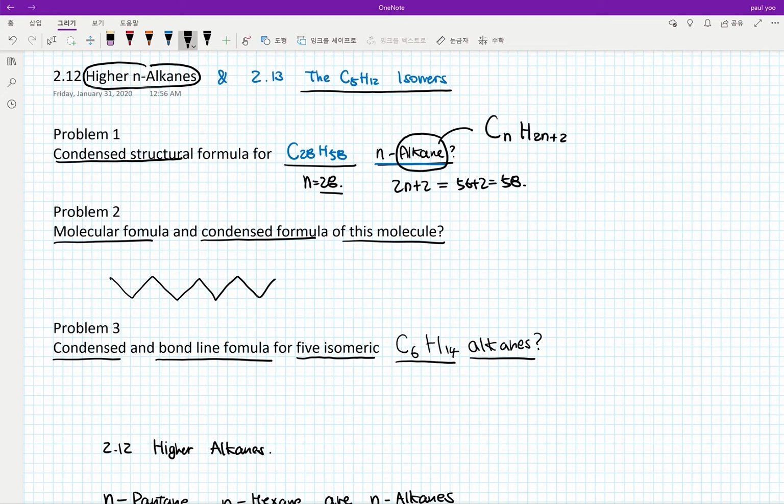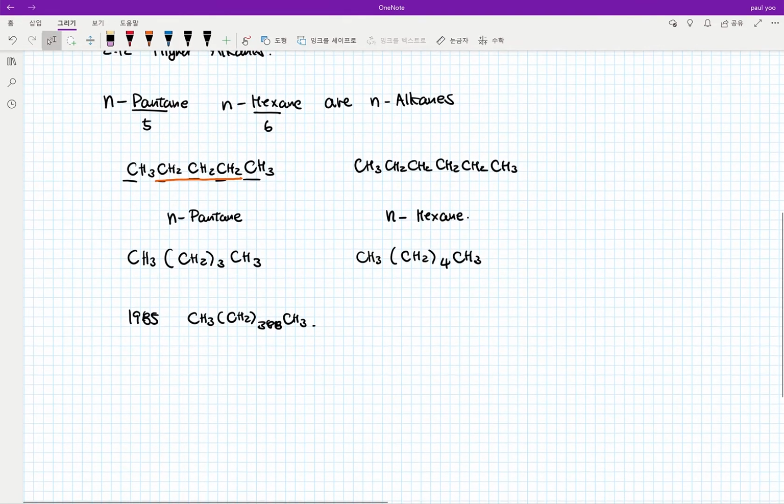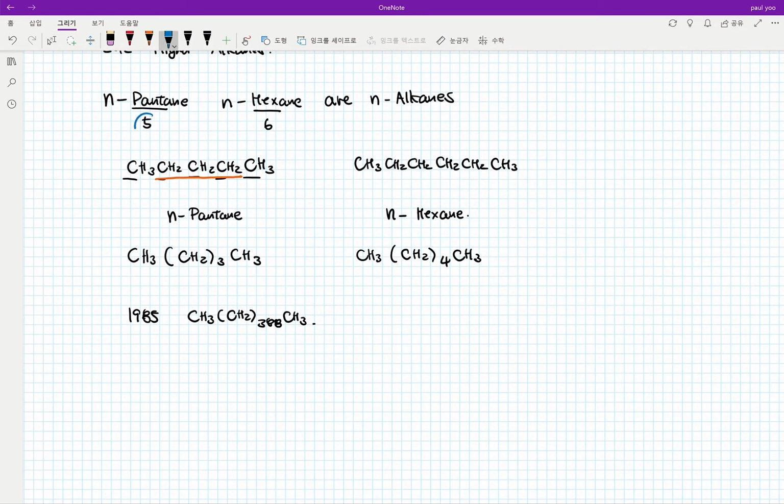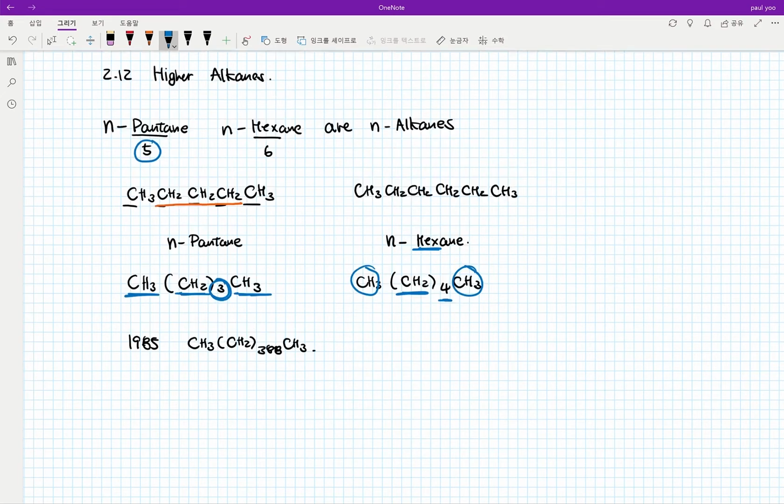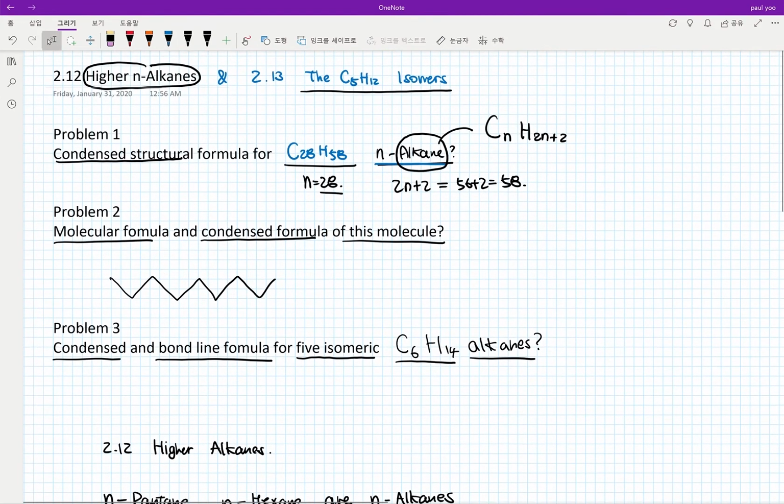And we want the condensed structural formula. If you remember the pattern down here, pentane 5 has 2 end carbons and 3 remaining CH2s. Hexane has 2 end CH3 carbons and 4 CH2 in the middle. So we expect 2 CH3s and some number of CH2s in the middle, from the 28.